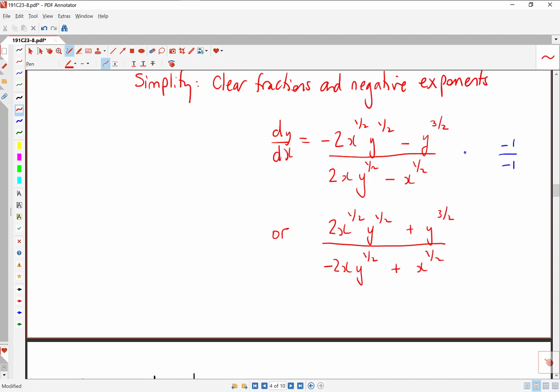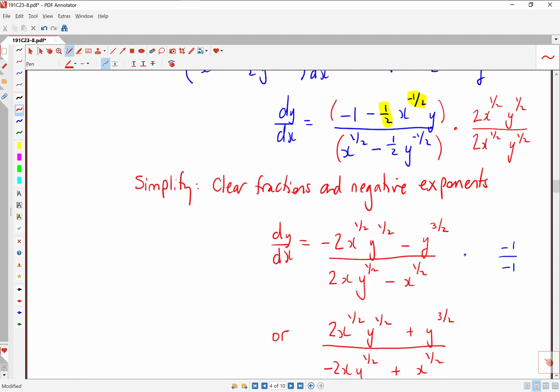So the reason why I mention this simplifying is just when you're checking your answer, let's say you're looking in the course pack and checking the answer for your work, just be aware that if you got this answer here, on a test, I would say, yep, that's correct.